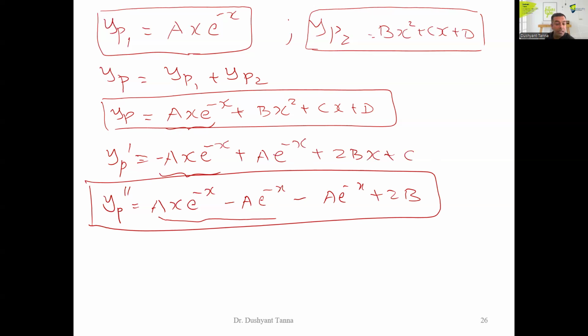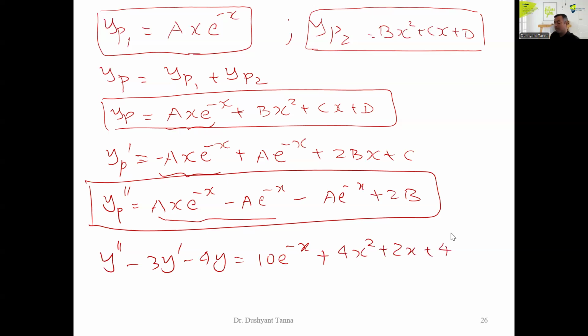Okay, so I got YP double dash. The original question, hold your horses: y double dash minus 3y dash minus 4y is 10 e raised to minus x plus 4x squared plus 2x plus 4. I will substitute in the next slide so I can keep going from there. Okay, Ax e power minus x. Can I combine these two, isn't it? Yes, I'll combine it.